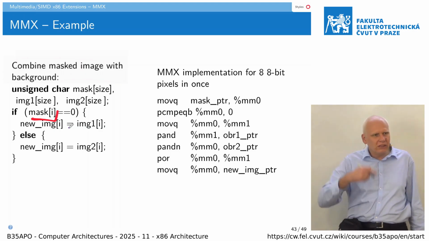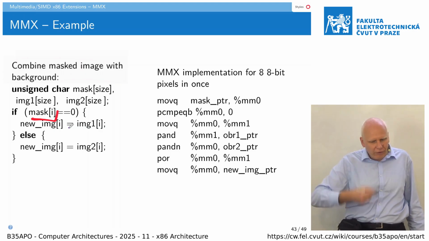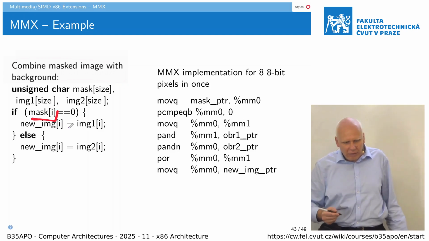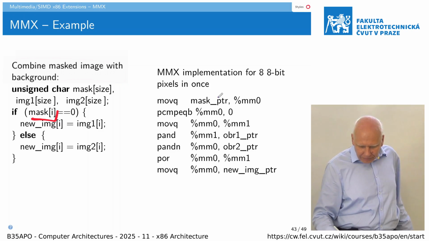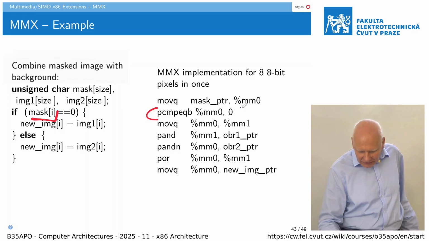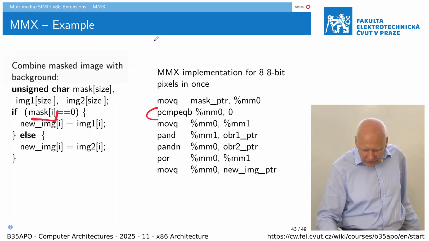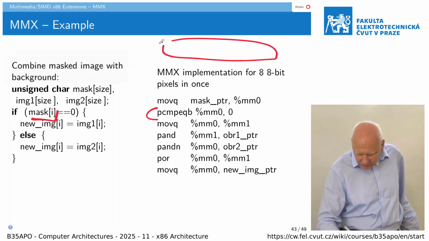And you do not need to do this in a for cycle with an if, but you can say, okay, I want to specify and compare the masking value with all, in this case, 8 pixels, if they are represented by 8-bit values.